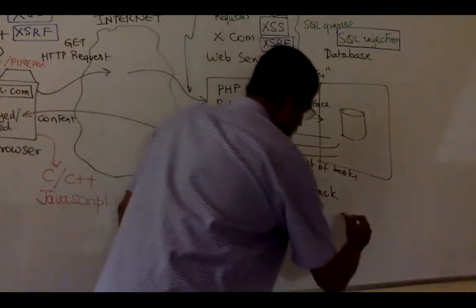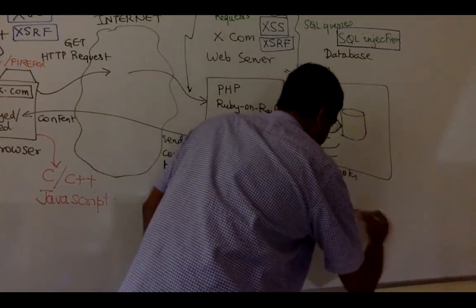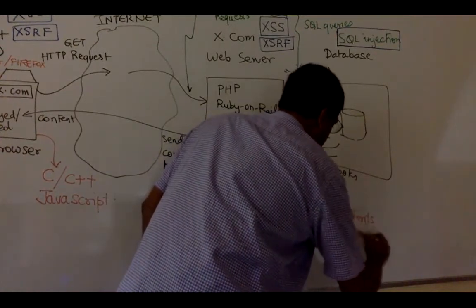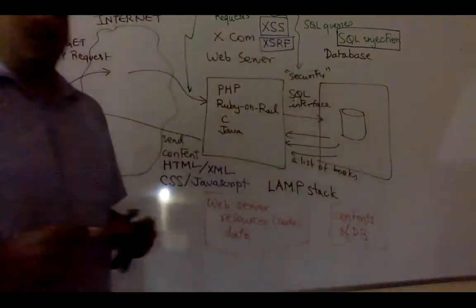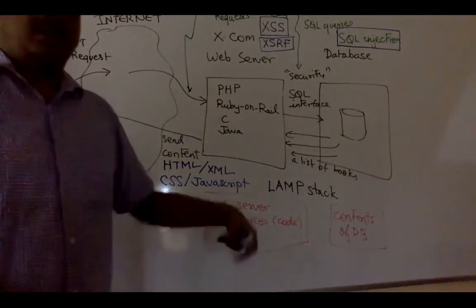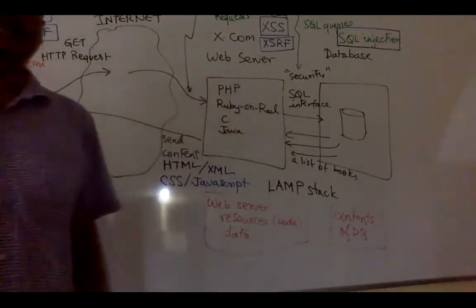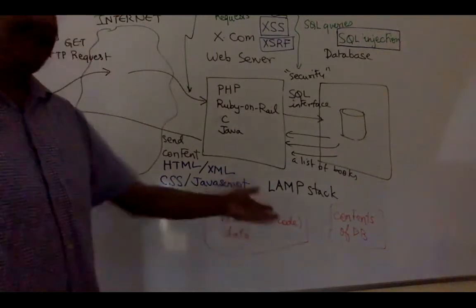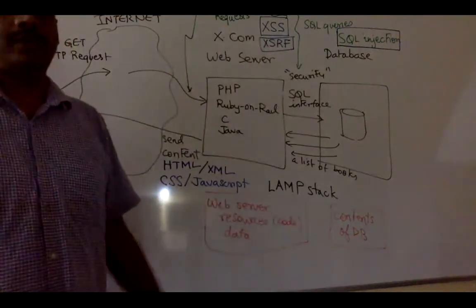Likewise, over here, you also care about the contents of the database. You want to protect the contents of the database from the attacker. You may sometimes care about the confidentiality of the contents if the server is storing some sensitive content, or you might care about its integrity because you really care about the correctness of things that are stored in the database.